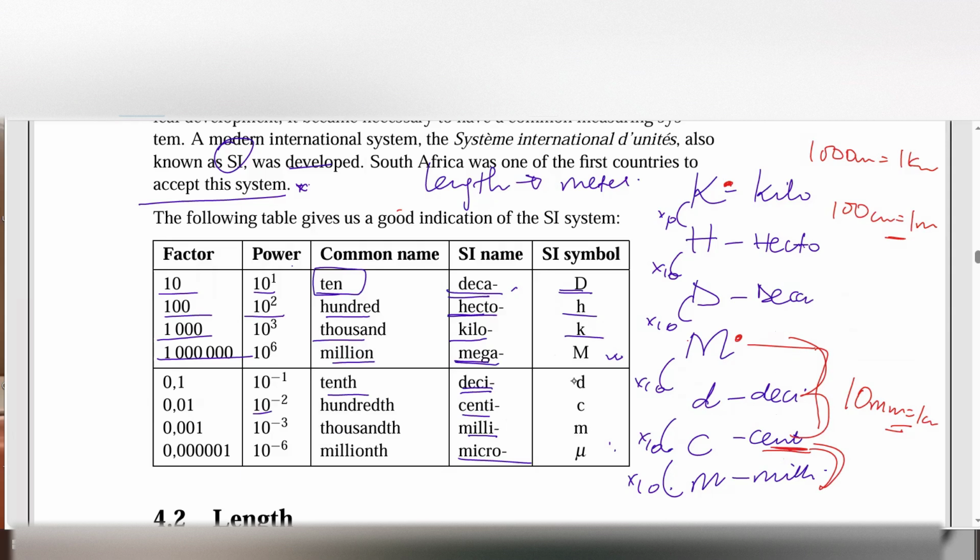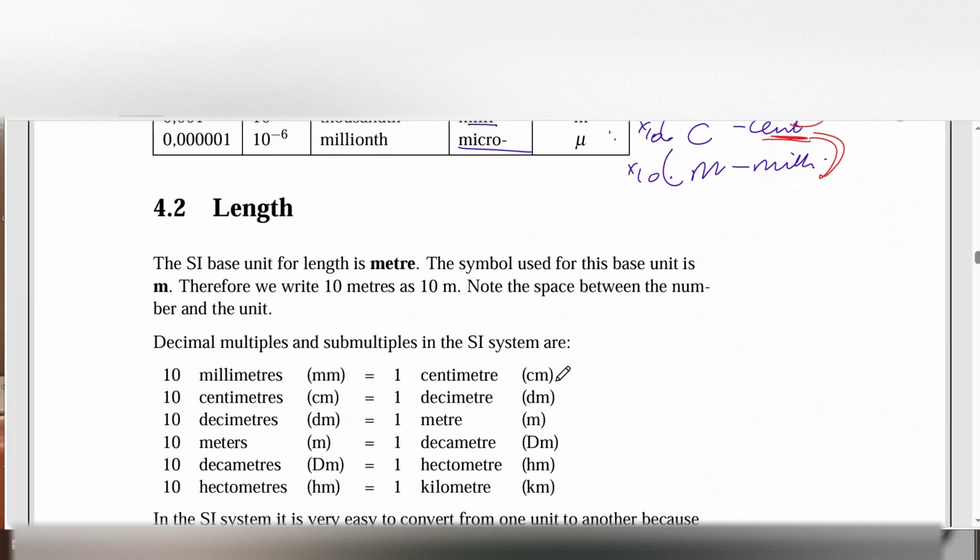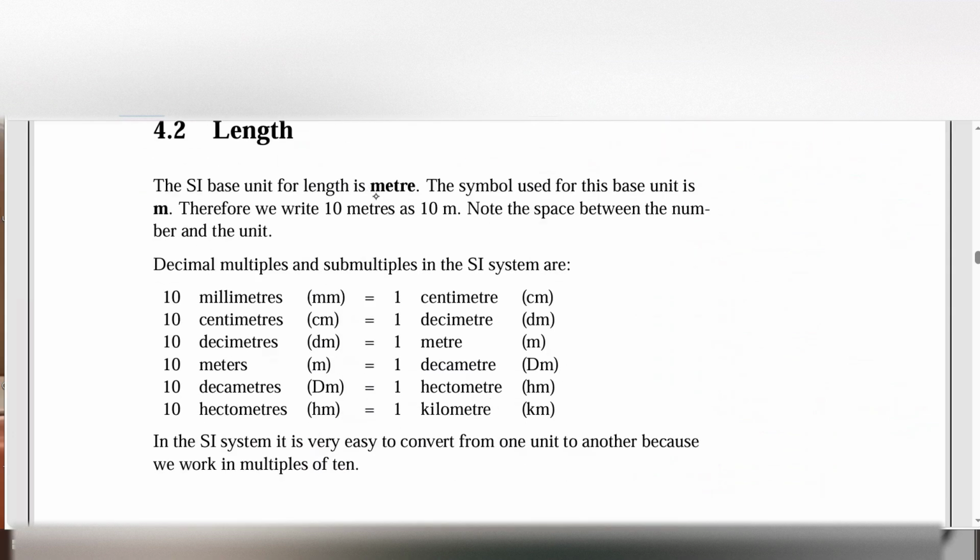So we need to familiarize ourselves with how this conversion works, just as we saw. The SI unit for length is meter. When you go anywhere else and you talk about the meter, anybody sensible will know that we are measuring length. The symbol used for this base unit is m, a small m. Therefore, we write 10 meters as 10 m, noting the space between the number and the unit.